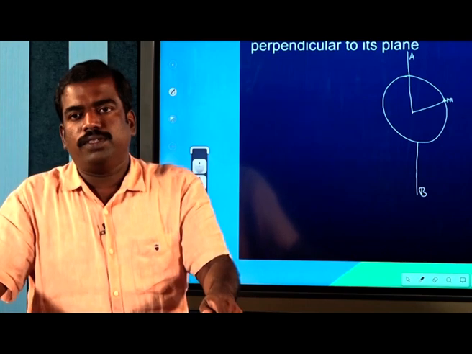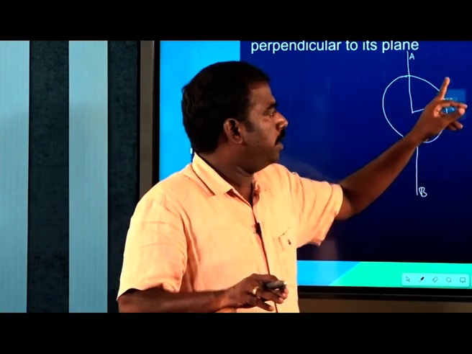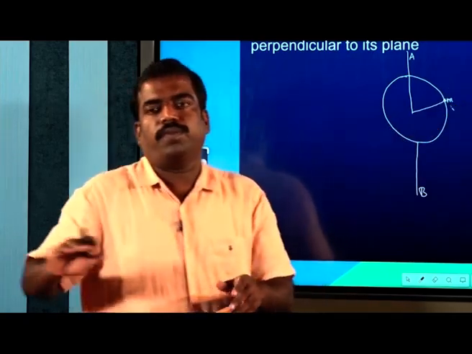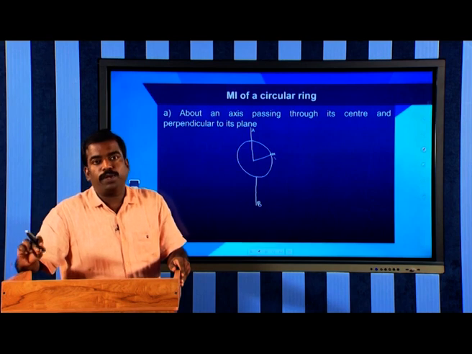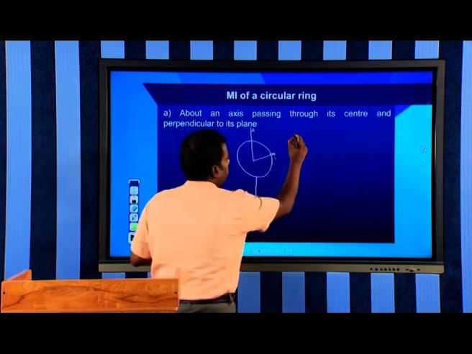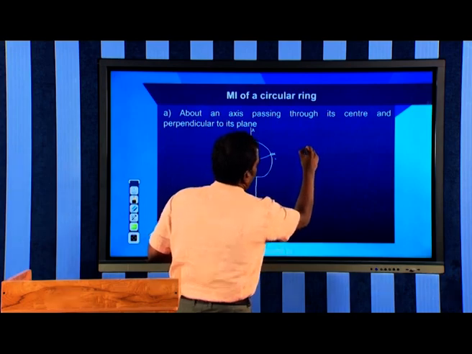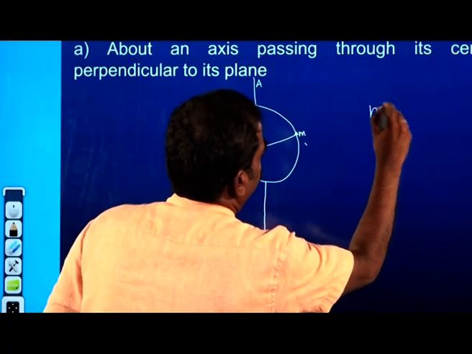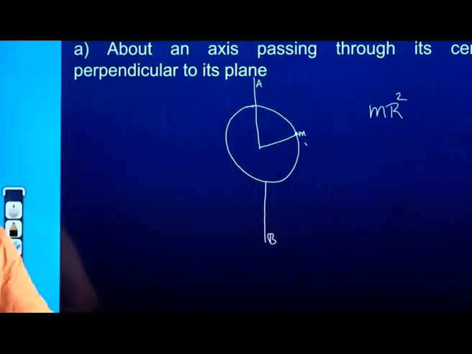For that, we consider a small particle of mass m at the rim of the ring. Its moment of inertia is m into the distance, which is the radius of the ring, so it is m into r square.